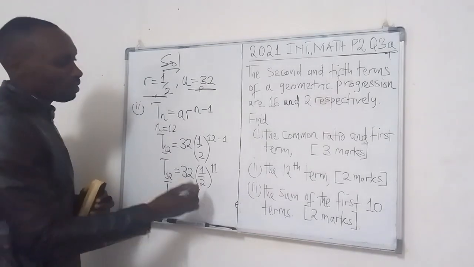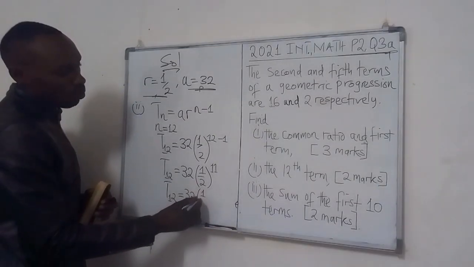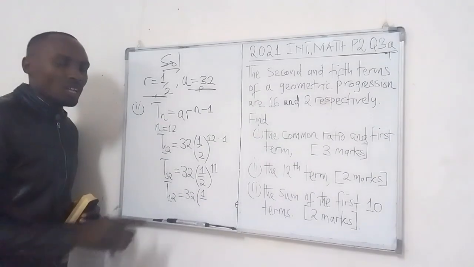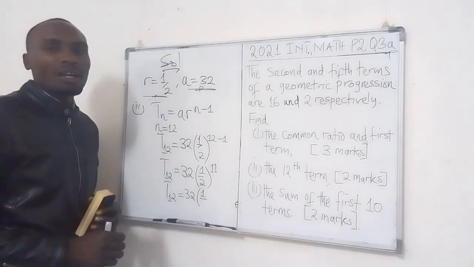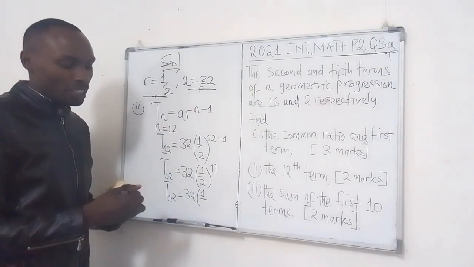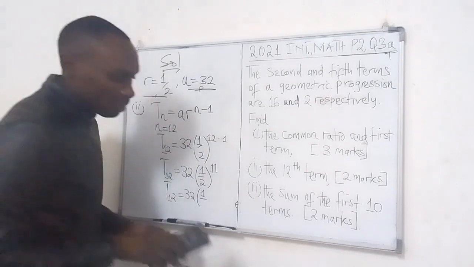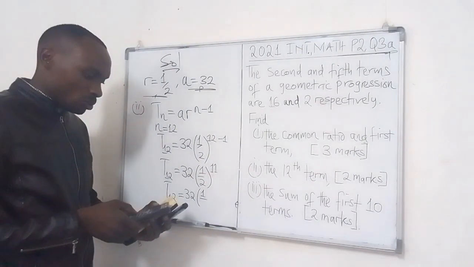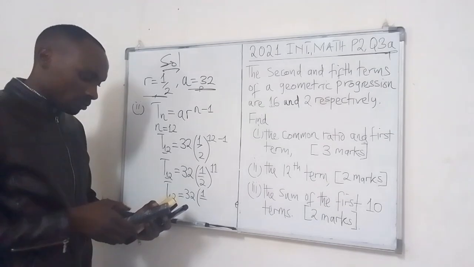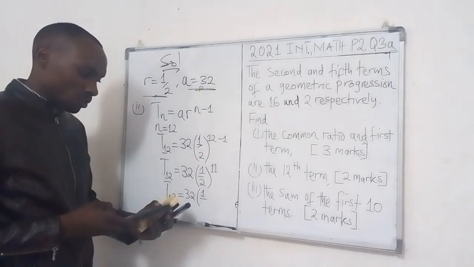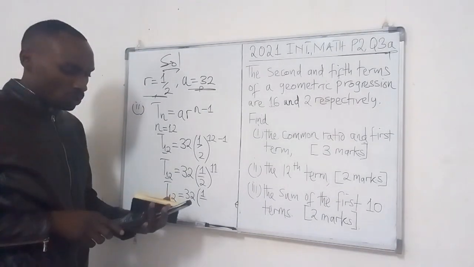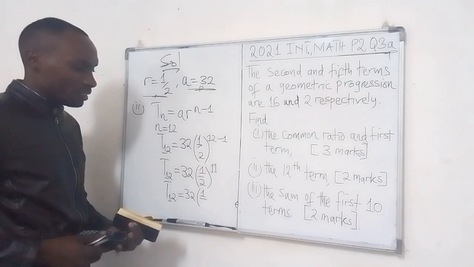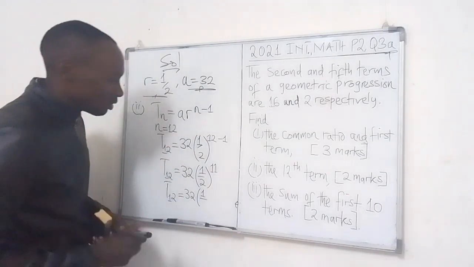It is simply 1. Then 2 to the power 11 can be calculated using a calculator. We simply type 2 to the power 11, and this gives 2048.